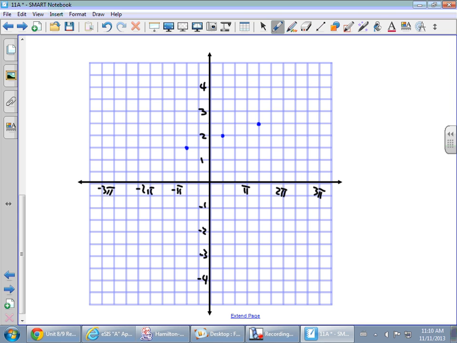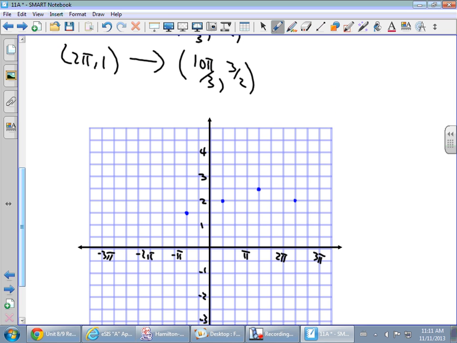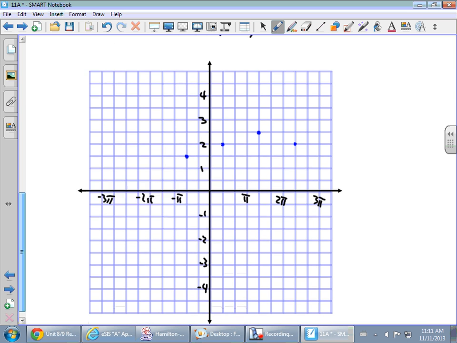Now I don't even need to look at anything anymore. I can just use my pattern. Right, so I went over 3, up 1, over 3, up 1. I'm going to go over 3 and down 1. Then I'm going to go over 3 and down 1, but that point is beyond the 3 pi, so I don't need to plot that one. Even though I got it as a critical one, this point doesn't fit on my range, so I don't need to graph it.